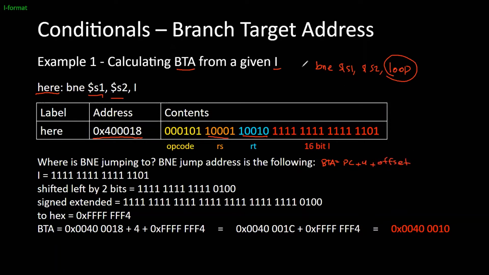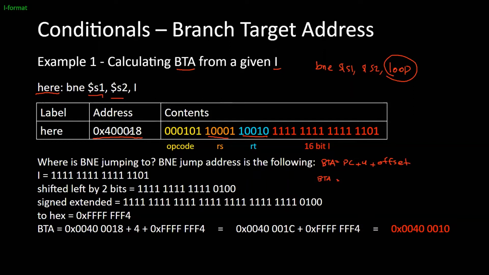This question is asking for BTA, so this is what I want. So BTA is equal to PC. What is PC? PC is the current line that the branch is located on. So here we have this label and this address. That's the current line.